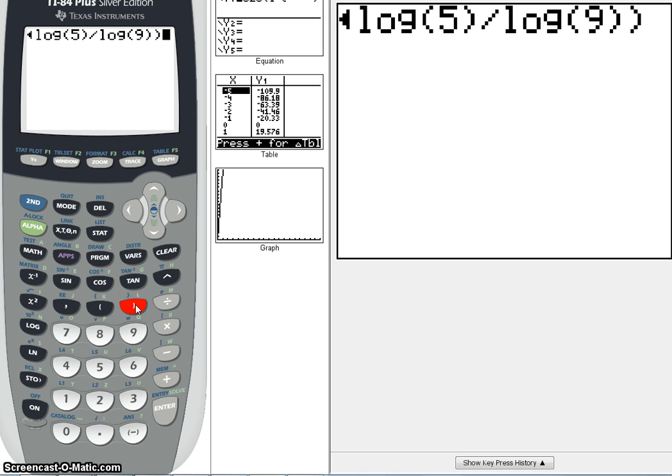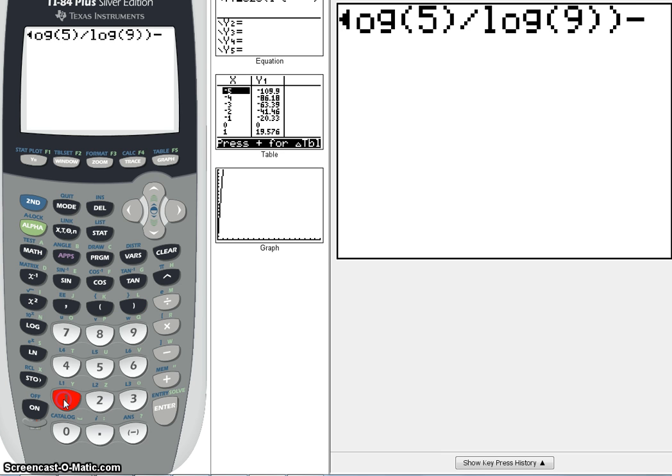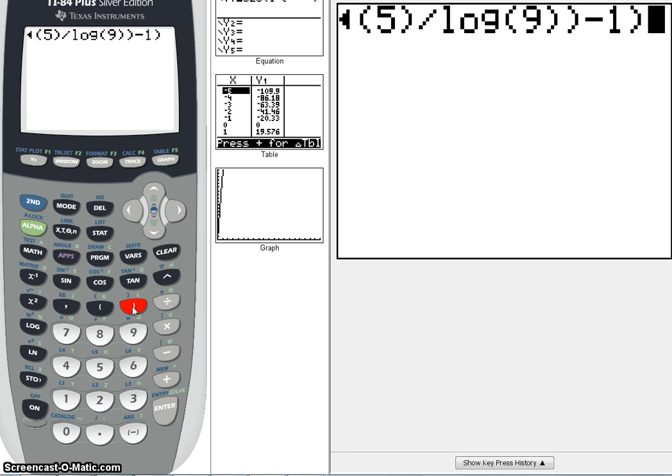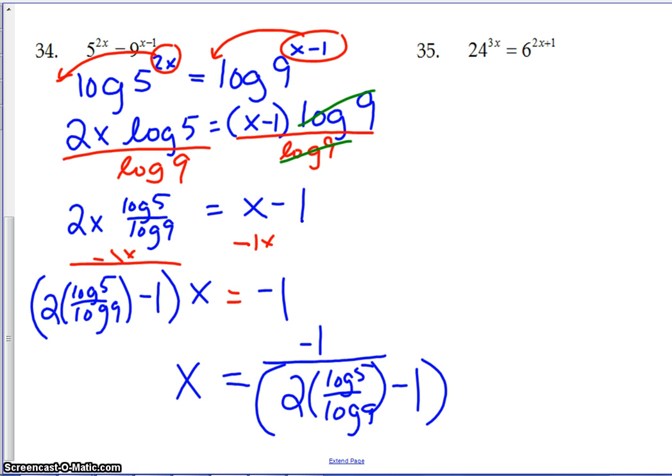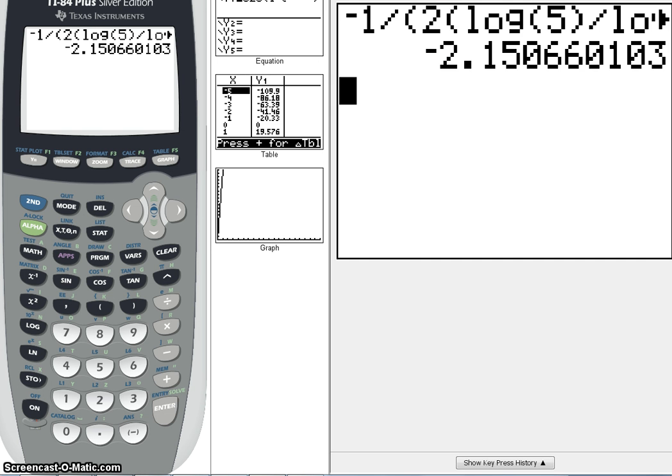That's everything we had parentheses around. And then we subtracted 1 from everything, and we had the parenthesis there. That was for the 1x. And we have our answer there. So our answer was negative 2.151, if I rounded it to the nearest whatever. I got to look again, I apologize, 2.151.